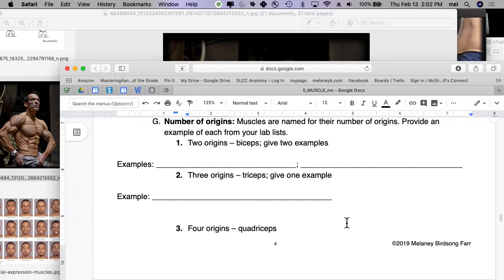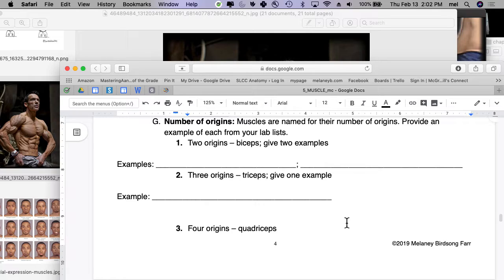Both heads of the biceps femoris, two different origins, common insertion, right? The triceps, three different origins, common insertion, yes? And the quadriceps femoris group, all the same insertion point. Four different origins, common insertion. It gives you less to memorize.